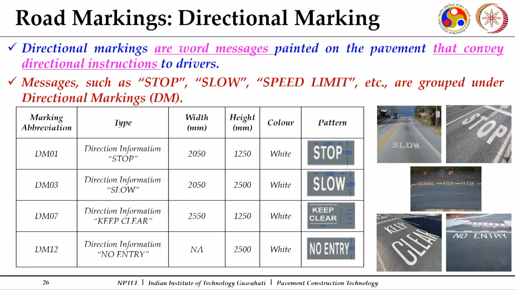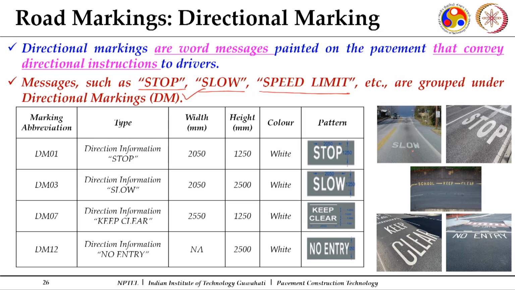Now the directional markings are able to convey directional instructions to drivers. So if I want to convey that you need to stop, you need to slow down, you need to have a speed limit, they can be grouped under the directional markings.